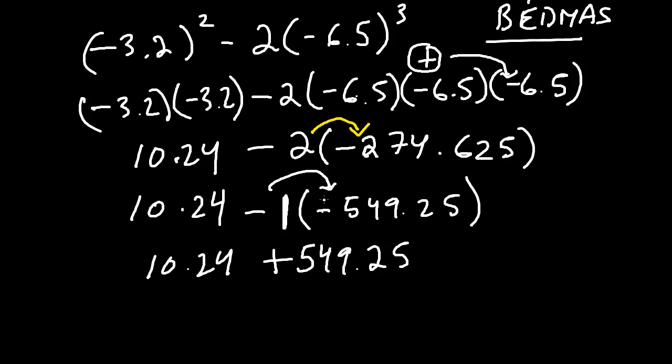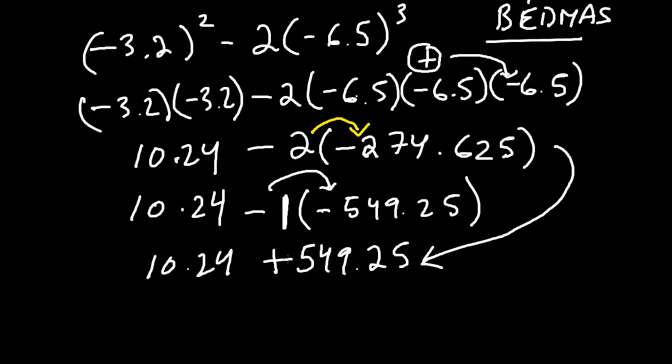So another way of looking at this is from the start, we could have just multiplied the negative 2 by the negative 274.625. What that would give us is this directly. And this is actually my preferred way of doing it because it makes more sense. Because you have the negative, but it's attached to the 2, right? So what you're doing is you're basically multiplying minus 2 times the negative 274.625. So we know that when we multiply two negatives, that gives us a positive.